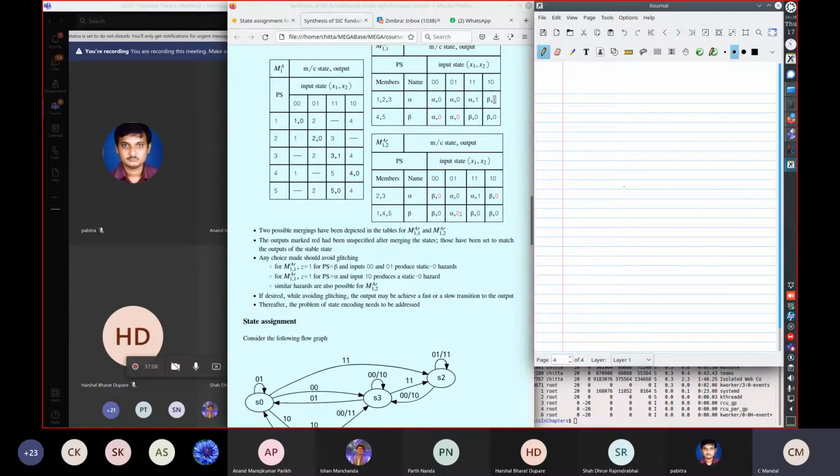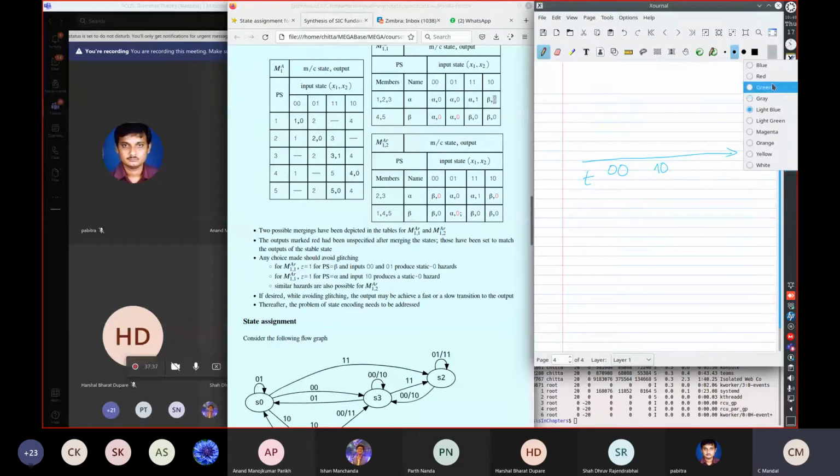This is a time axis. Your input is 0, 0 now, and then it changes to 1, 0.